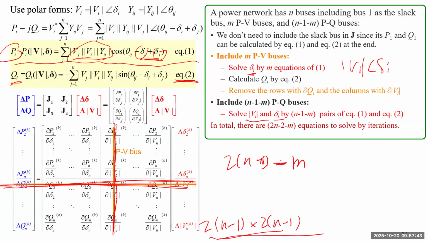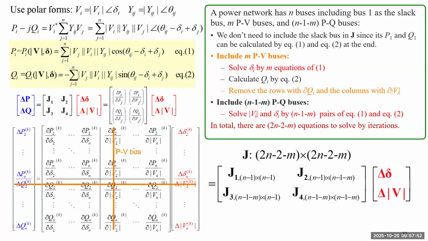So finally, this is our final dimension of the Jacobian. If we draw this Jacobian, it will look like this. The dimension will be 2n minus 2 minus m.